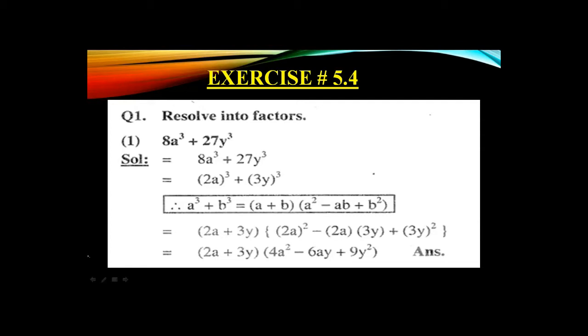So the answer of question number 1, part 1 is 2a plus 3y, 4a square minus 6ay plus 9y square.